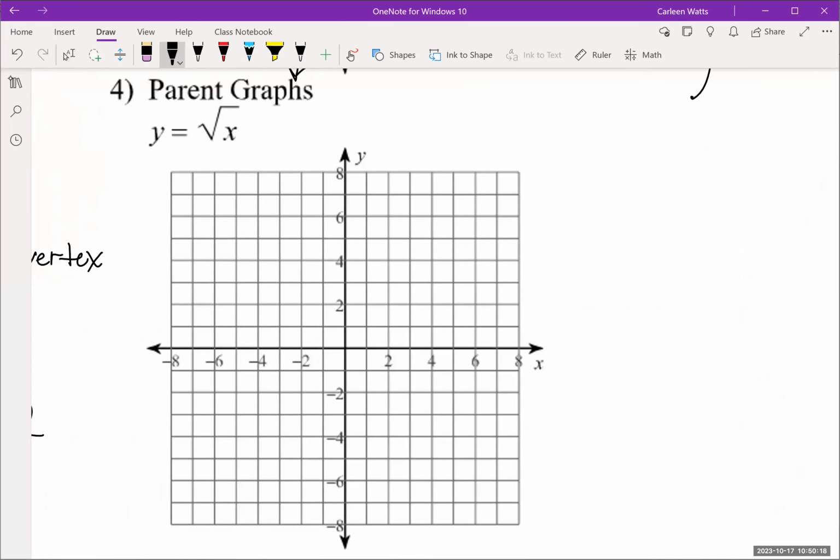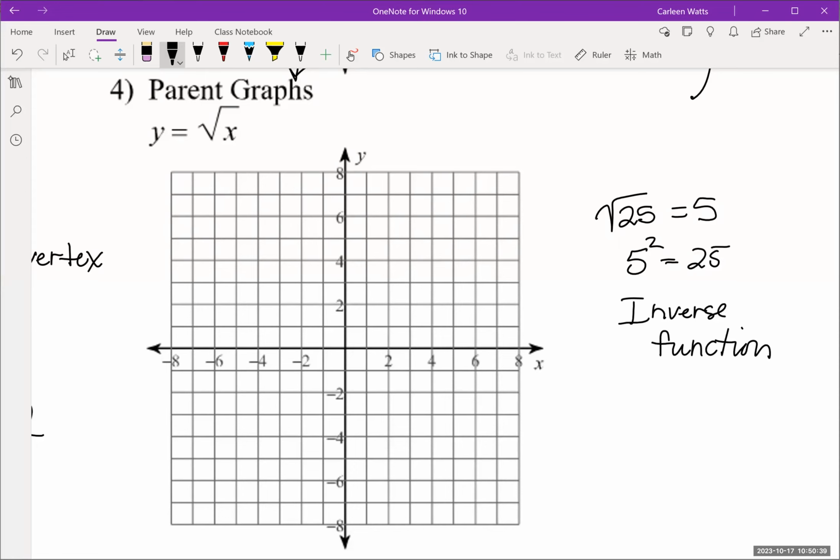Now, the square root of 25 is 5. Everyone agree? 5 squared is 25. Can you see that these are inverse functions? I hope you didn't write what I'm writing right here, taking up all that valuable real estate.